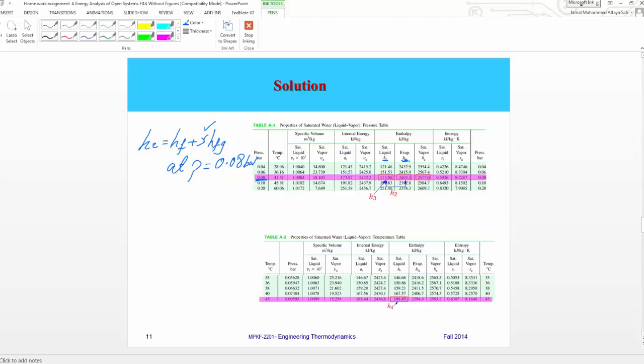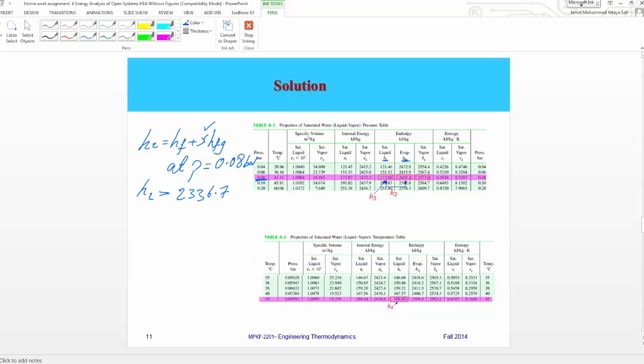X I have, and that's going to give you H2, and I can write that H2 is 2336.7. Right?